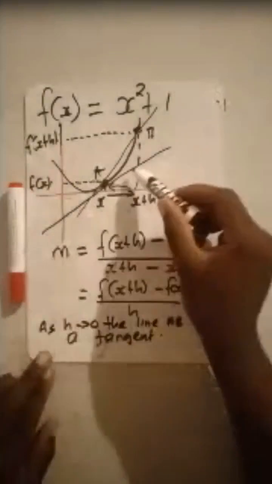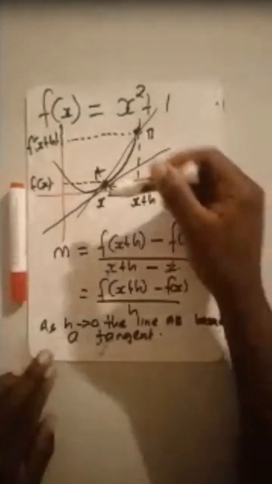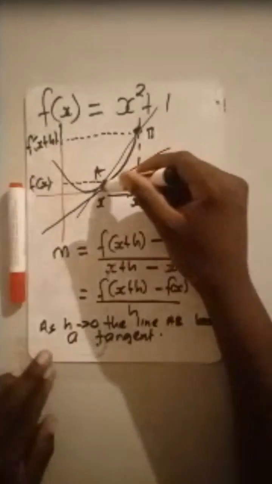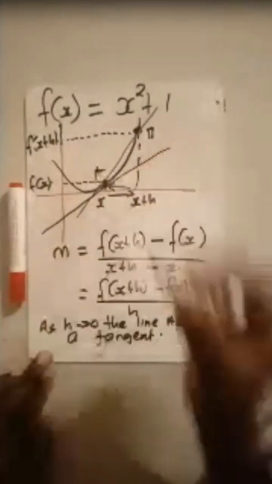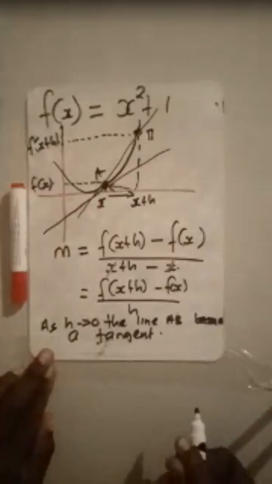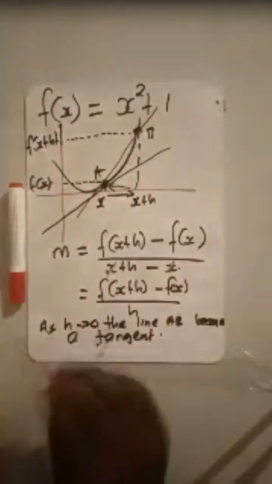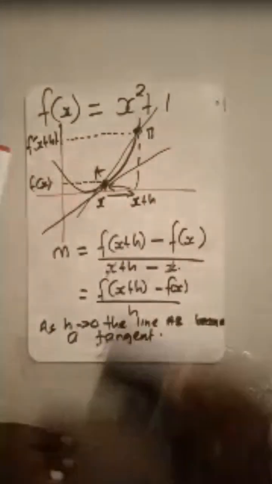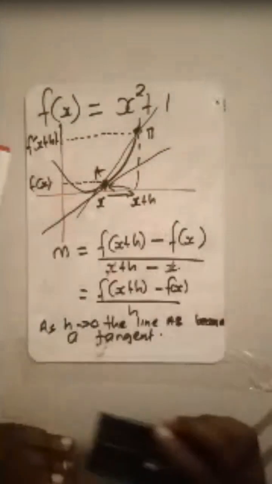So when it becomes a tangent, it means that the gradient of this line will be the same as the gradient of the curve at that point, right? So I'm going to rub here. I wish I had an extra board so that I could just add in there, because whatever I'm going to say is actually linking to this.